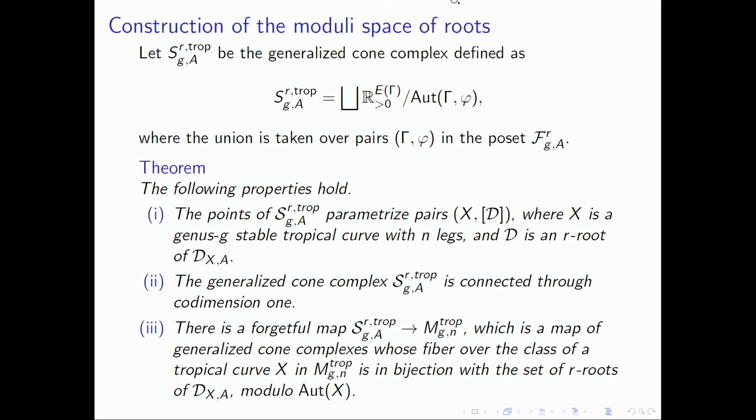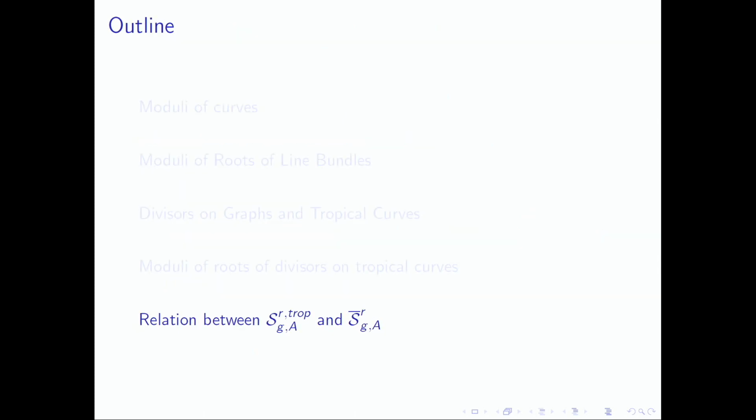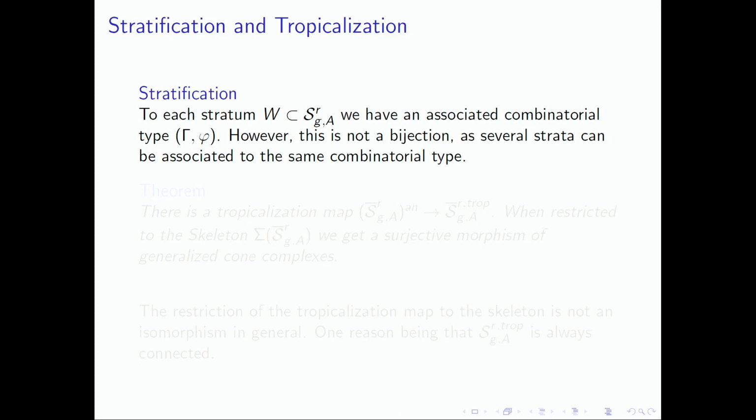When gamma consists of only one vertex, I can only put one flow on this graph, so I have only one stratum corresponding to a graph of one vertex. So it can't be that we have a bijection between the strata of the algebraic geometric space and the strata of the tropical space.